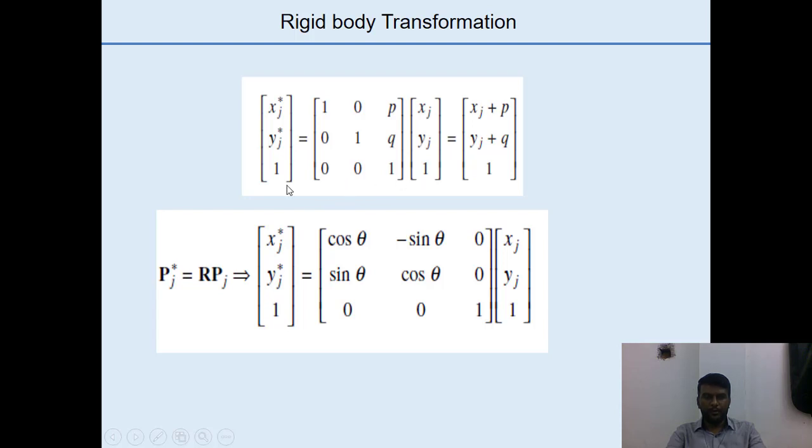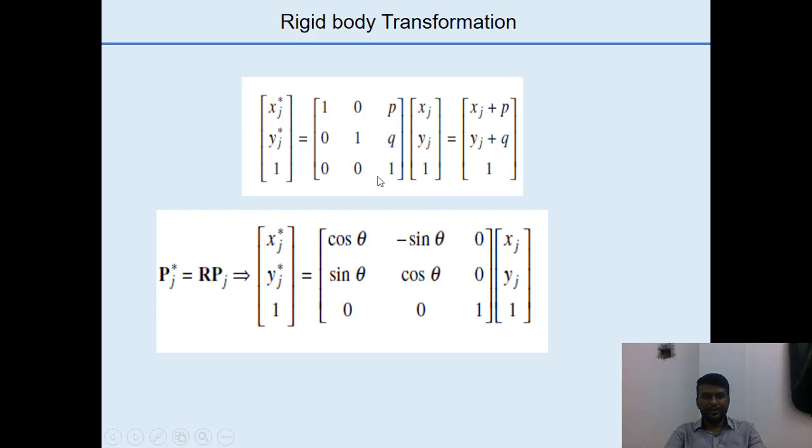So to join these two, what we do is convert this addition into multiplication. If we add one more dummy row here, so xj star, yj star, 1, this is the dummy row, and 0 0 1 is also a dummy row, then it can be converted into multiplication.